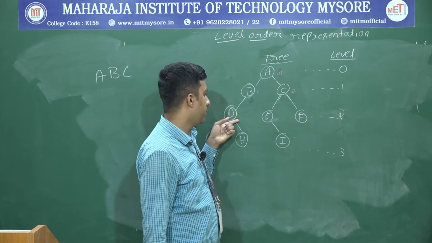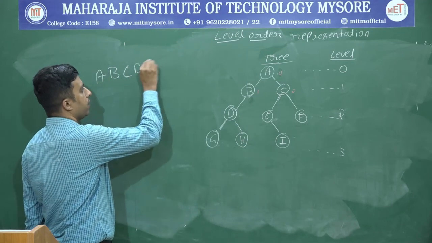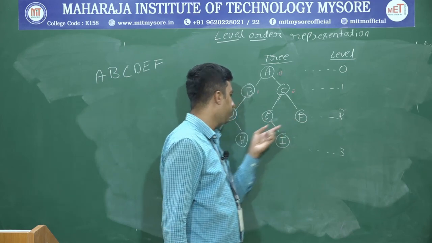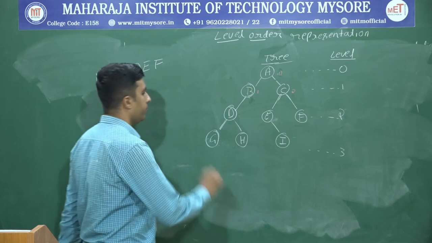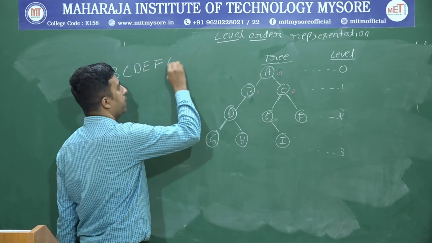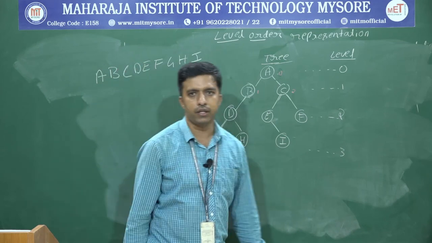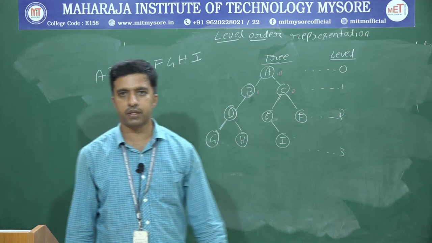Level 2 has the values D, E, F. Next, level 3 has G, H, I, going left to right. In this way we represent the level order representation.